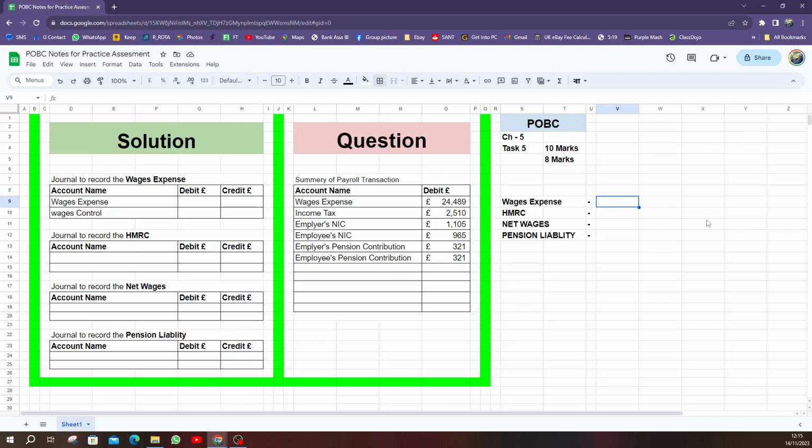Sometimes the wages expense doesn't come in directly, it also comes as gross wages. So in that case, when we have gross wages, we need to add GW, say gross wages, plus all the employer contributions.